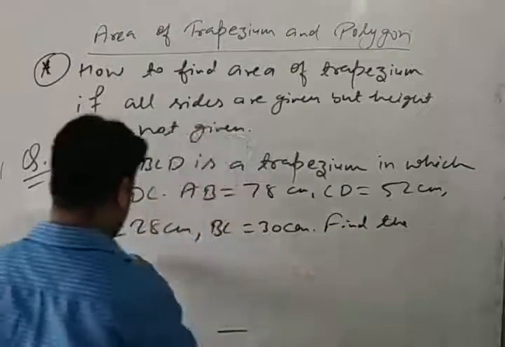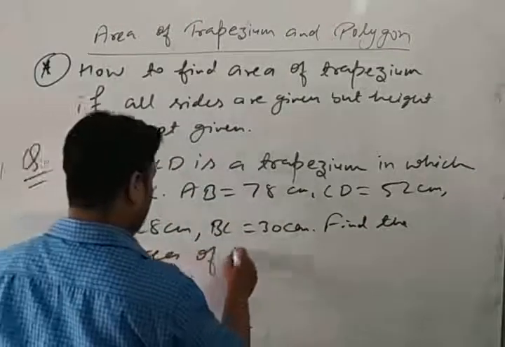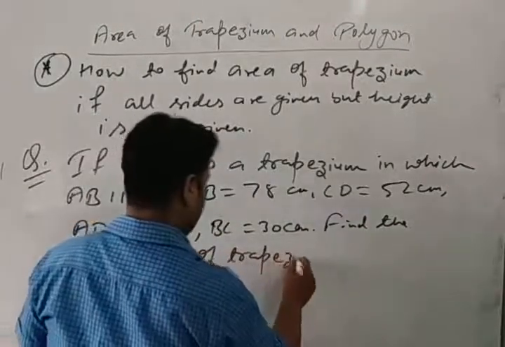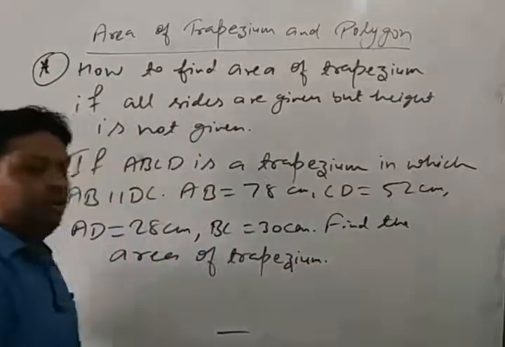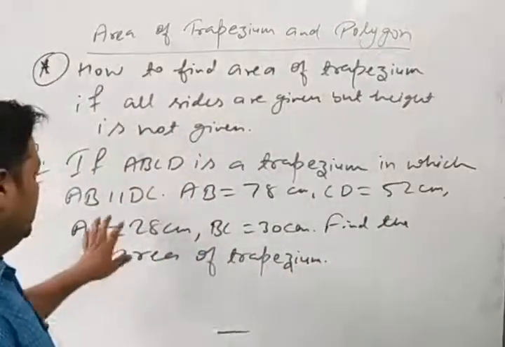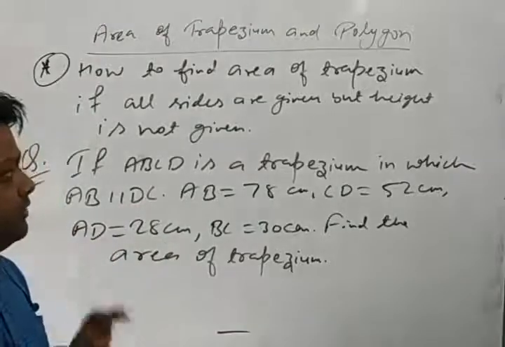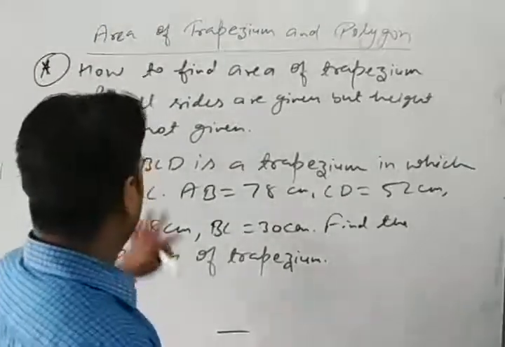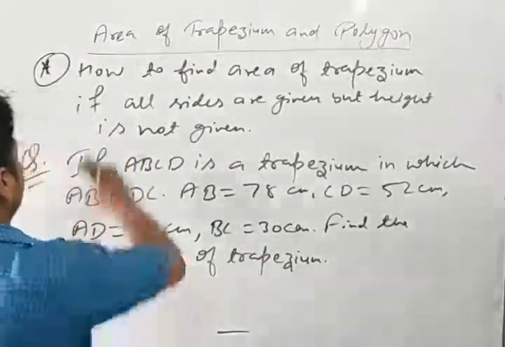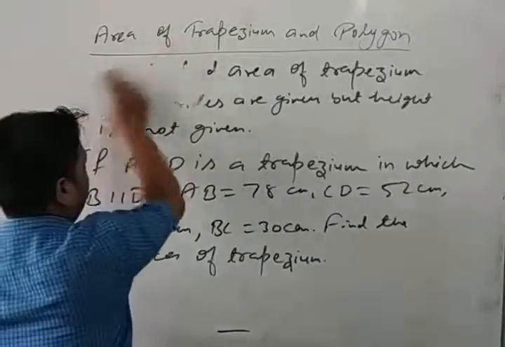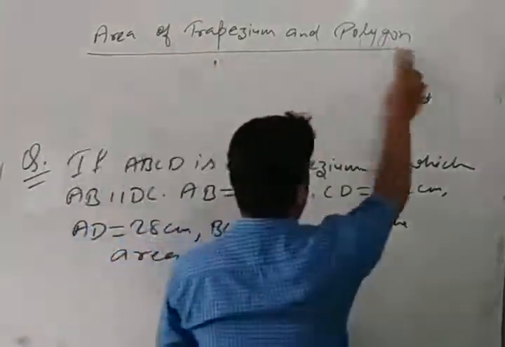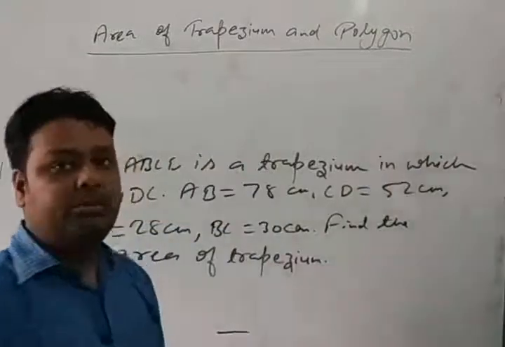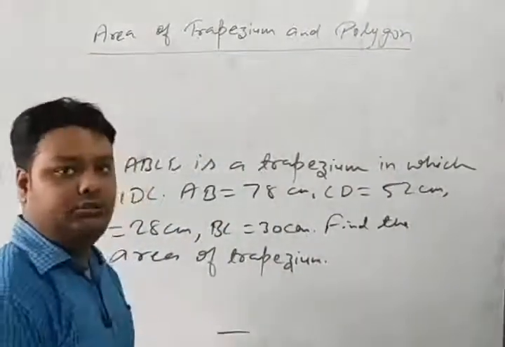Find the area of the trapezium. In this case, you can see that AB is parallel to CD. It means if you are drawing a figure, now I am drawing the figure upside, because in this type of question we need to draw the figure also.